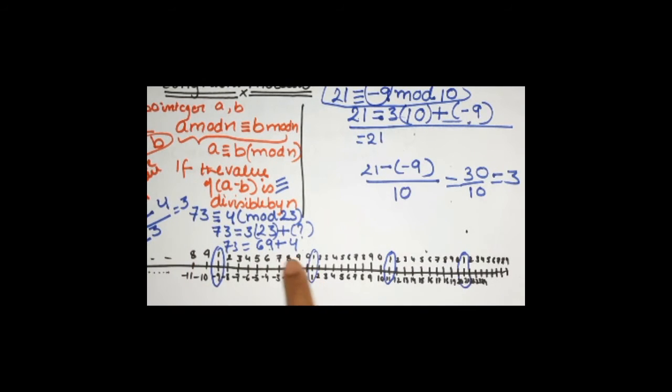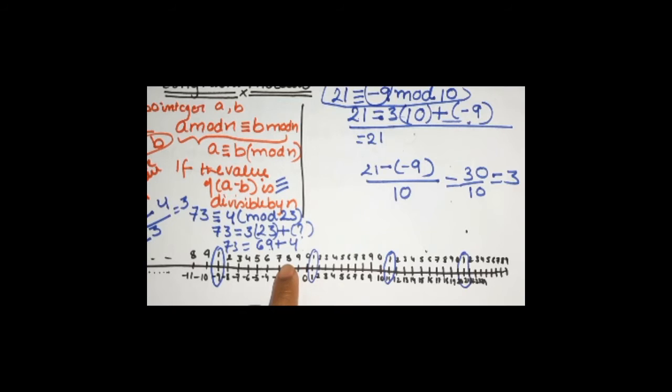So the upper numbers are going to have the repetition from 0 to 9. I have written 0, 1, 2, 3, 4, 5, 6, 7, 8, 9, and then I've again repeated 0 to 9, then again repeated 0, 1, 2, 3 up to 9.